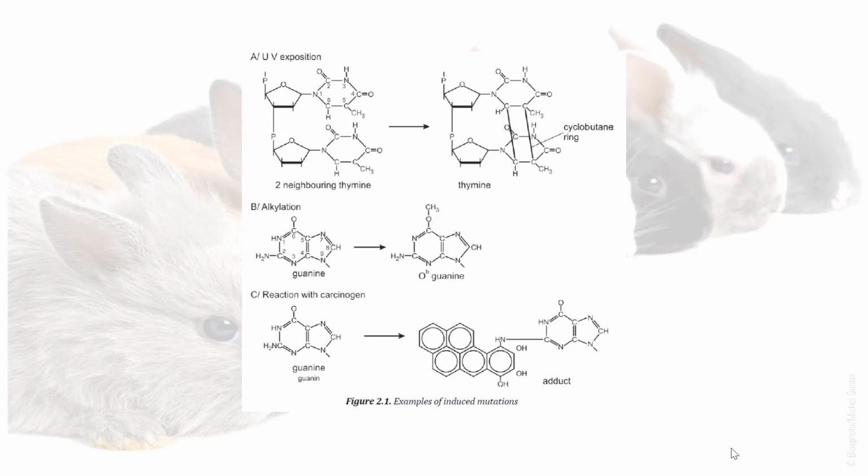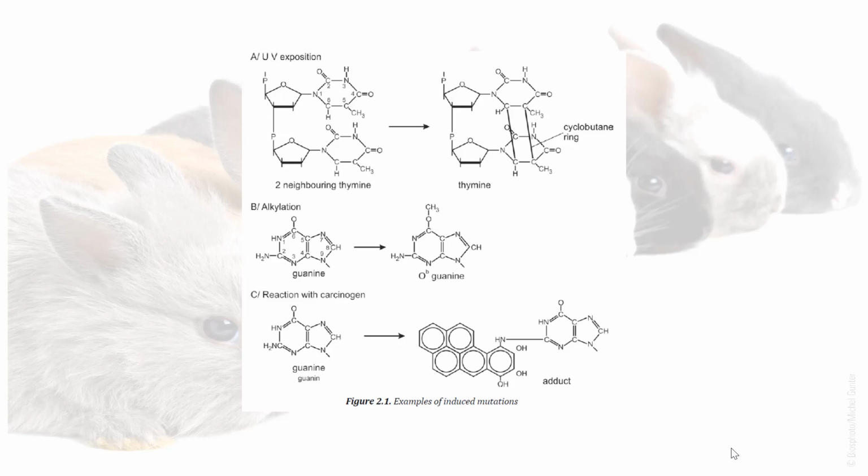Up at the top, you can see exposure to UV radiation. The most common mutation that results from that is what's called forming a thymine dimer. It forms bonds between the carbon residues in those neighboring thymines.